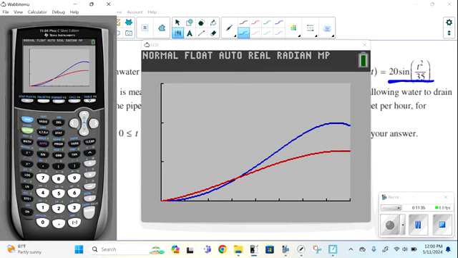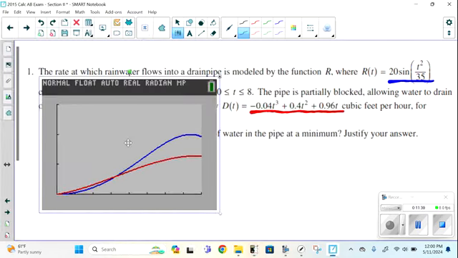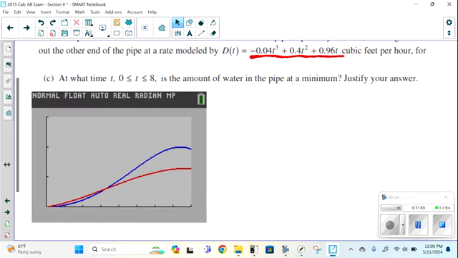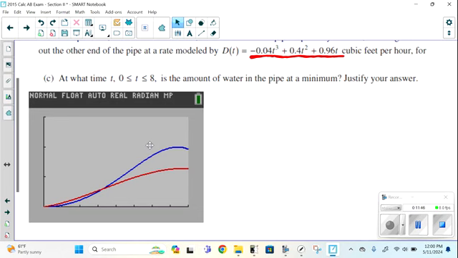Okay, this is good. So I'm going to focus on the following. The red is the water leaving. The blue is the water that's coming in.